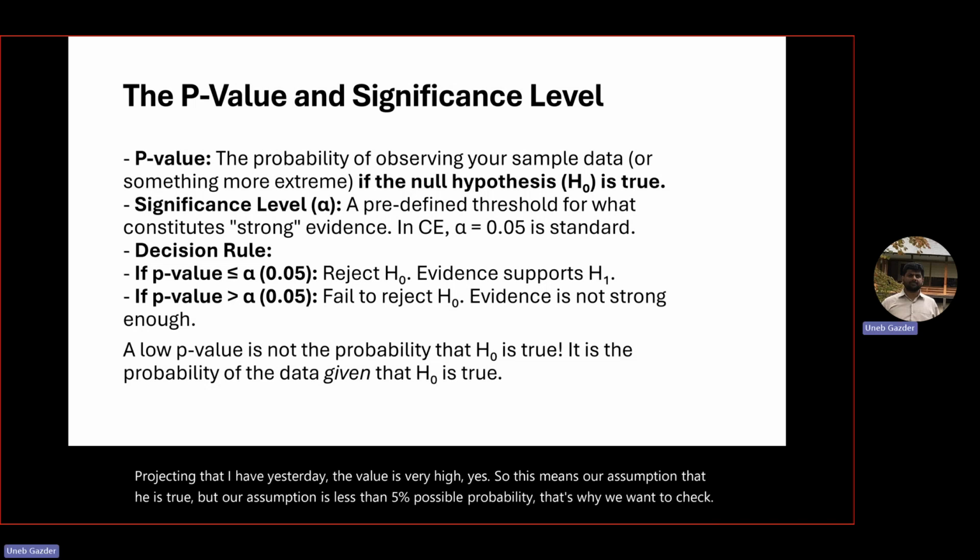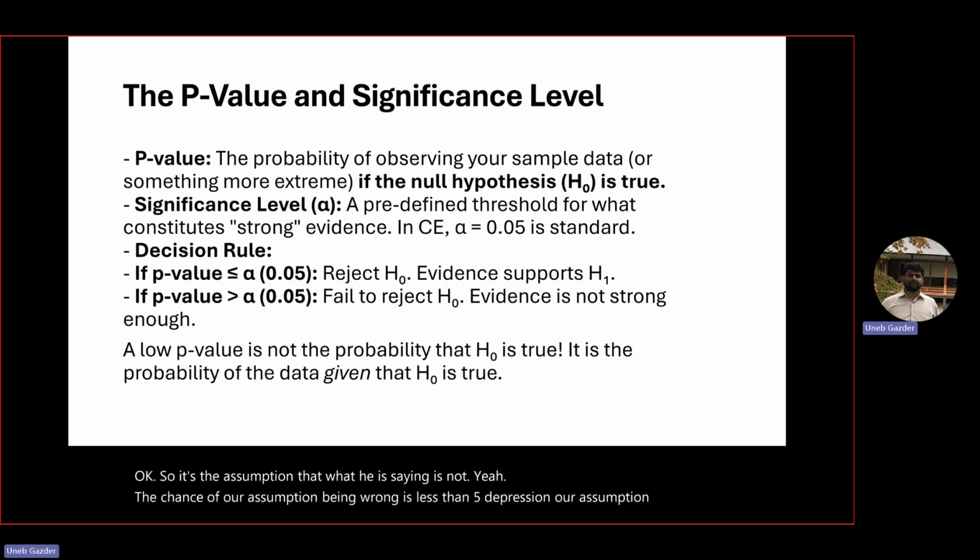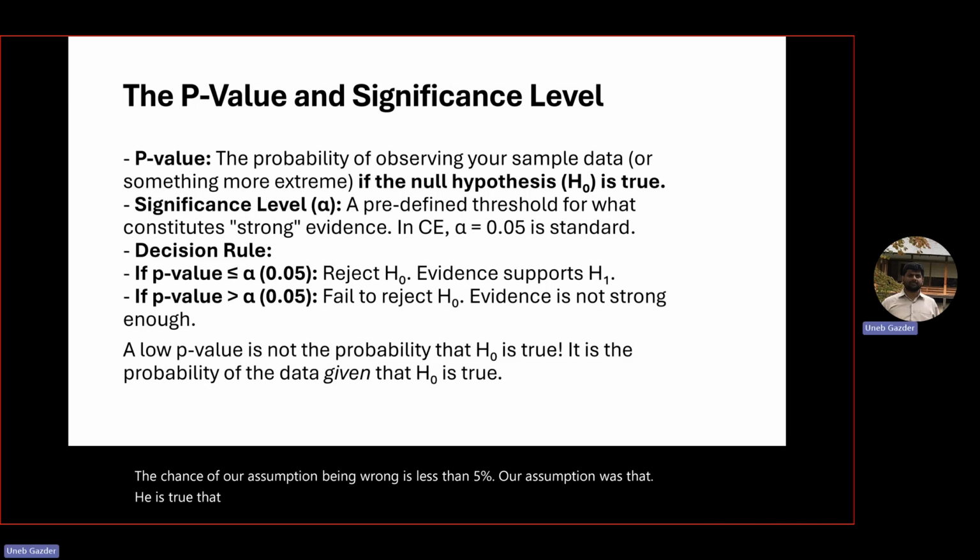So the assumption is that what he is saying is true. Our assumption is he is true. Now the chance of this assumption being correct is less than 5%, so he is false, and the assumption is rejected.